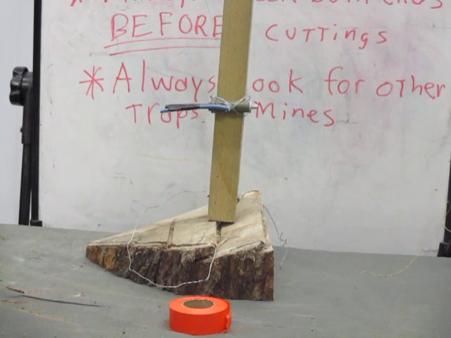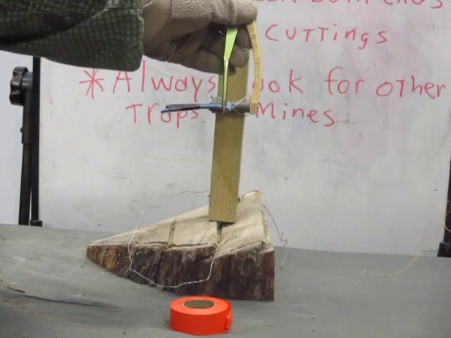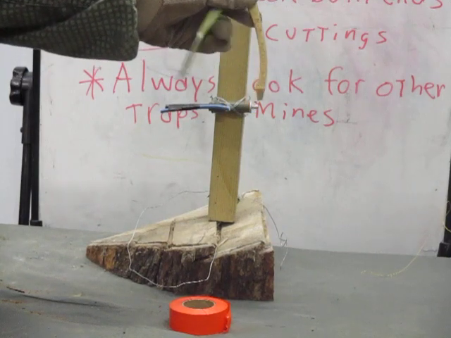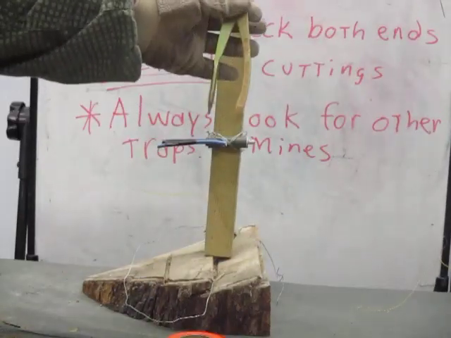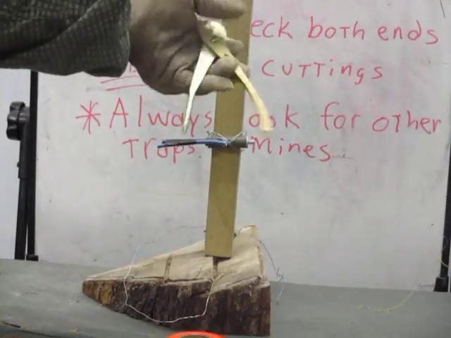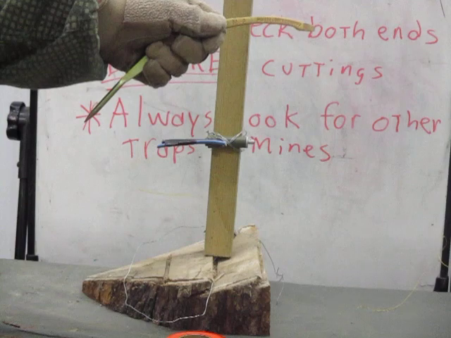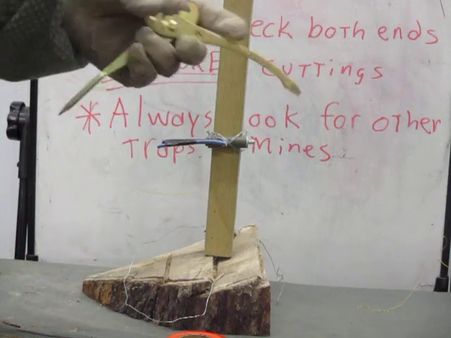You can use flags, pieces of cardboard that say booby trap that you set down so many feet in front of the trap, whatever the SOP is for the unit. Crimpers, so that you can cut deck cord as you come across it. And then also on here, you've got the screwdriver, if you need that.